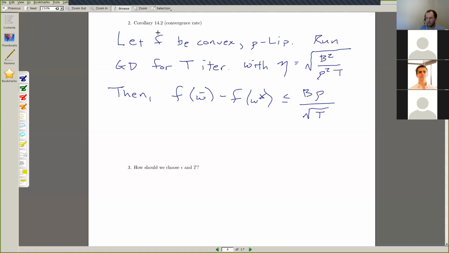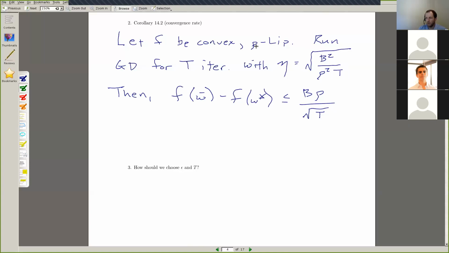And it's a pure optimization result because nowhere in here are we talking about training sets or test sets or the error of a learning problem. In particular, we're just talking about a function f, which is an arbitrary function. Could be a function like the training loss, in which case we would be in the situation of a learning problem, or it could be some other arbitrary function.